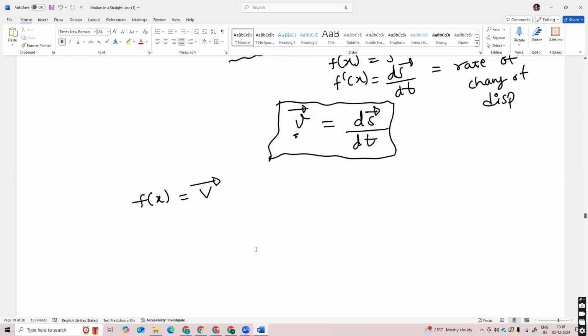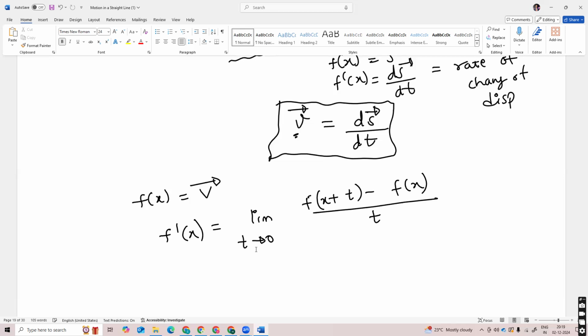Similarly, if you consider f of x as velocity and you have to find its derivative, f dash of x, then f dash of x will be equal to the limit, again t tends to 0, of f of x plus t minus f of x divided by t.